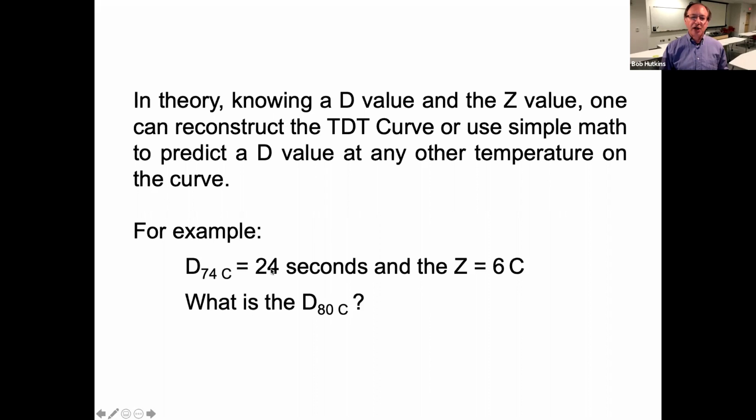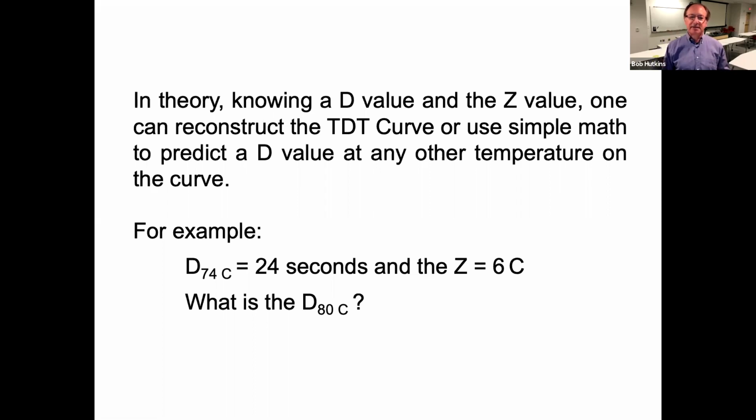But a log reduction of 24 is, as Rachel said, 2.4. So if I went up 6 degrees, that's my Z value, I reduce the D by 1 log, so 24 to 2.4. So Rachel was right, okay?